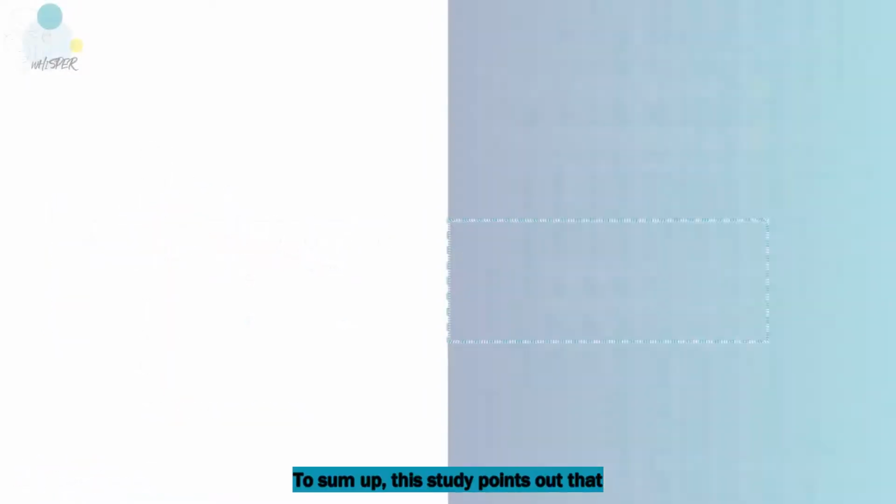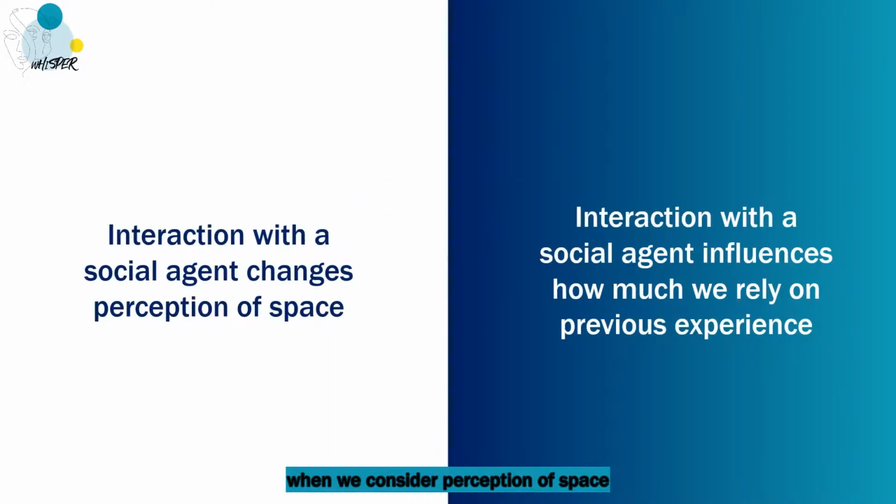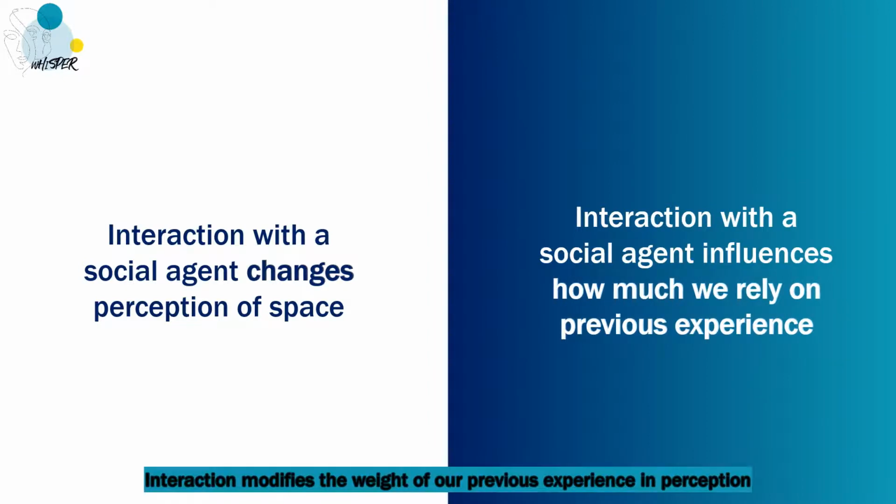To sum up, this study points out that when we consider perception of space, we have to take into account that interaction is a key factor in perceptual processes, enough to modify what we perceive. Interaction modifies the weight of our previous experience in perception.